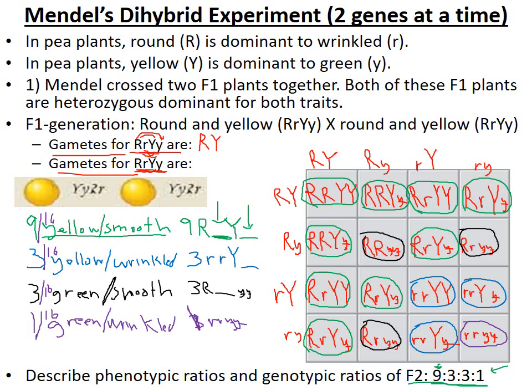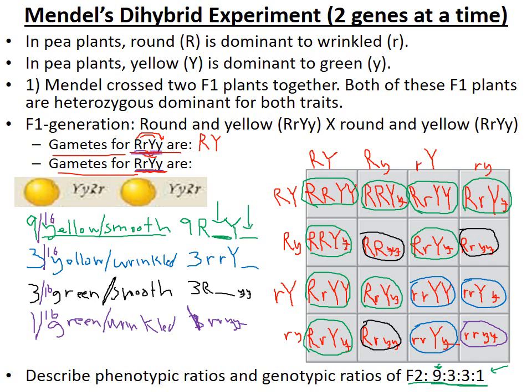So this is our phenotypic ratio when you have a dihybrid cross for heterozygous individuals. 9-3-3-1. So in a multiple choice, if I ask you what percentage or what fraction of the offspring are going to be dominant for both characters, if you have a heterozygous cross, you don't need to do the entire Punnett square. If they're dominant for both characters, it's going to be 9 out of 16.